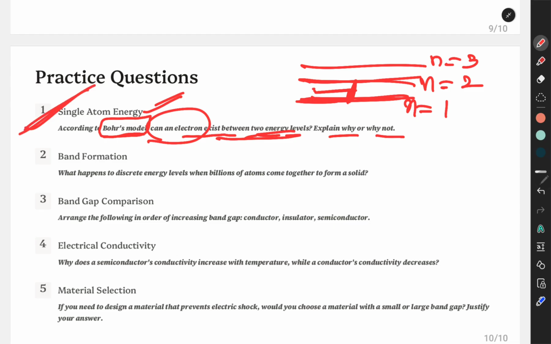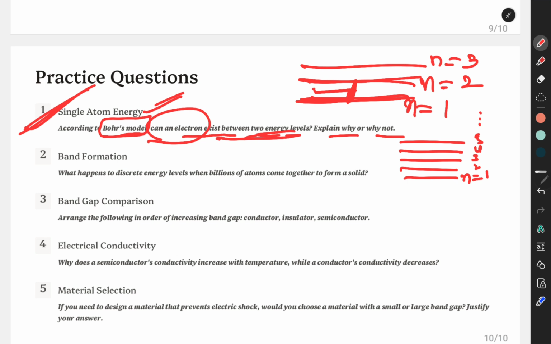Next question, band formation. What happens to discrete energy levels when billions of atoms come together to form a solid? This question relates to the explanation we had now. Suppose you have discrete energy levels, n equal to 1, 2, 3, 4, 5, 6.